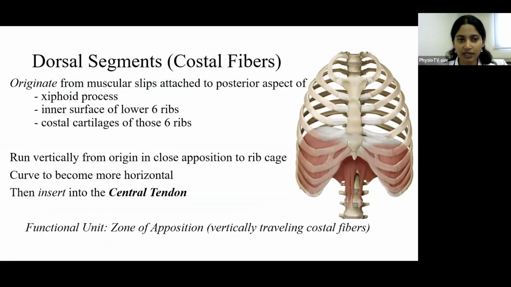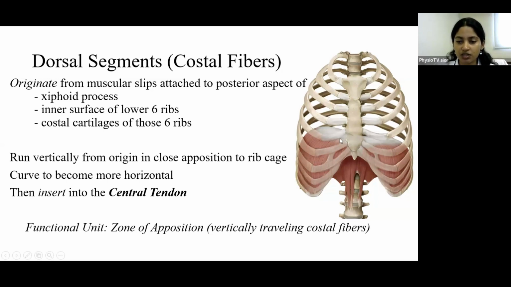So let's look at each segment in much more detail, starting off with dorsal segments. Like we saw, these segments are also known as costal fibers because they originate from the posterior aspect of the xiphoid process, also known as xiphisternum, and from the lower six ribs, which is why they are known as costal fibers, and also the costal cartilages.